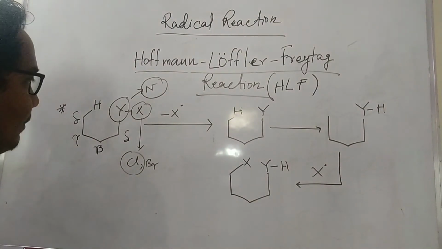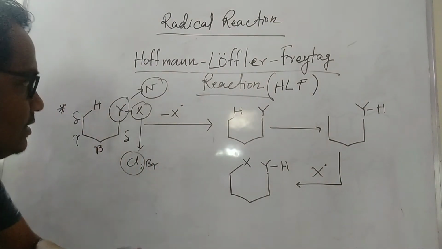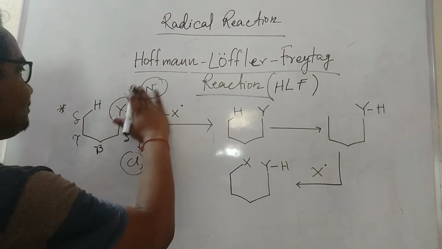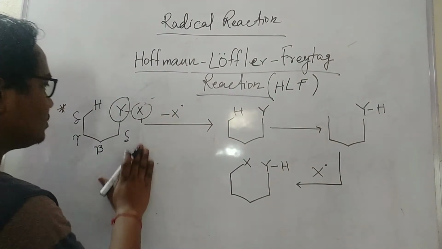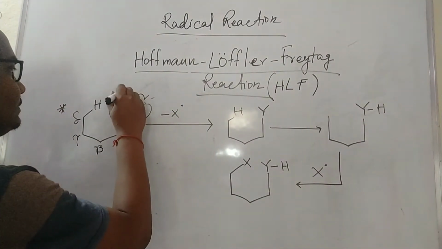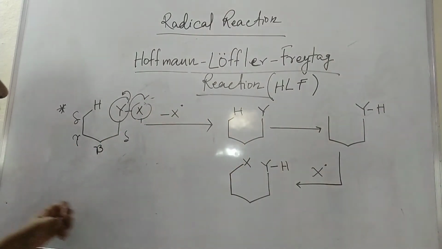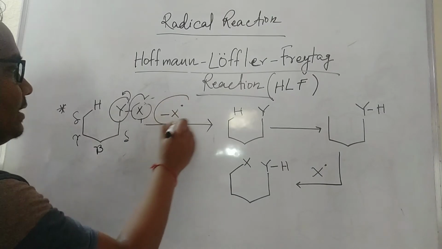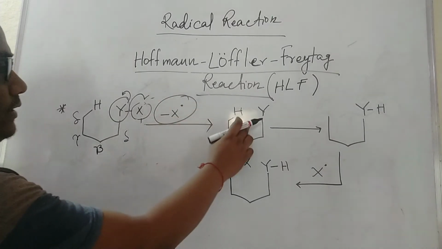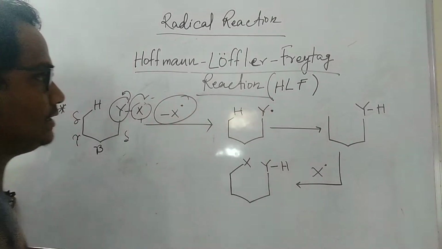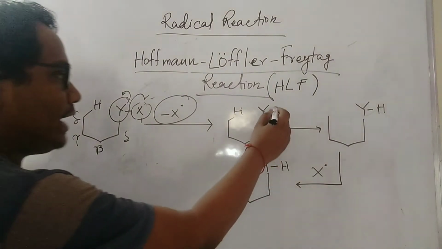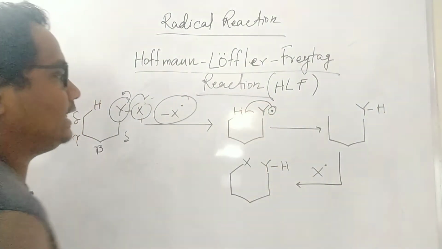So first what happened in presence of light? That will cleave. Okay, this X leaves from this, and then what happened? X is leaving, no, and then Y dot is there, no, and that Y dot abstracts this delta hydrogen.